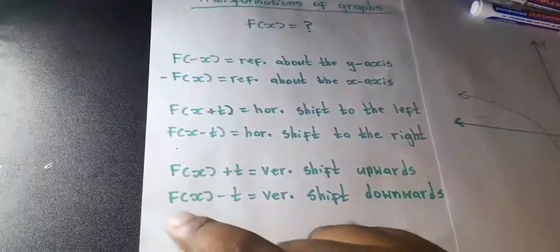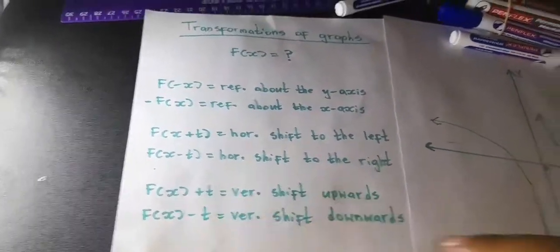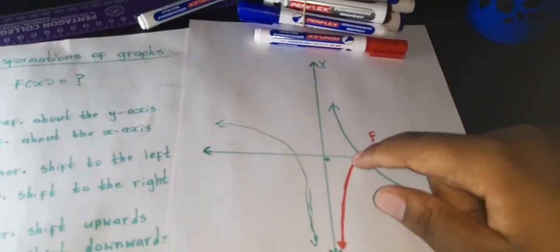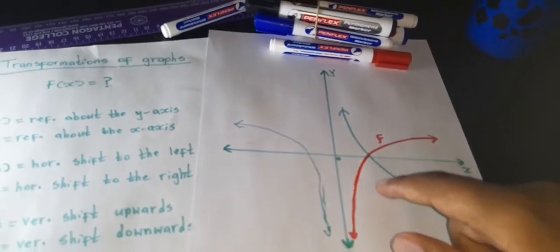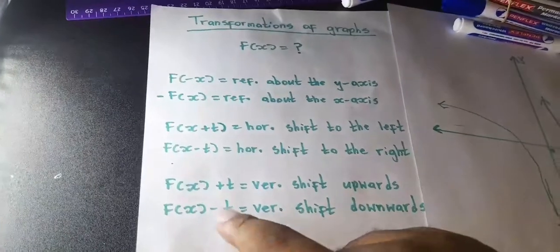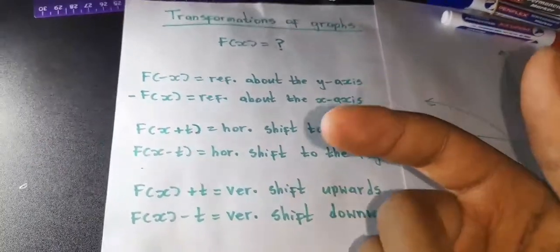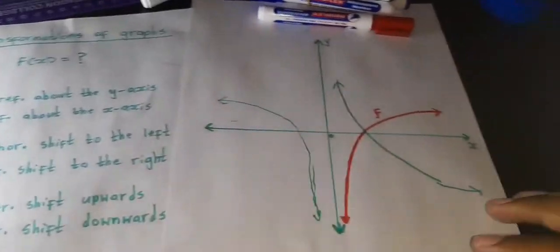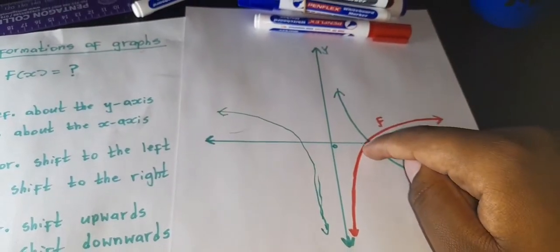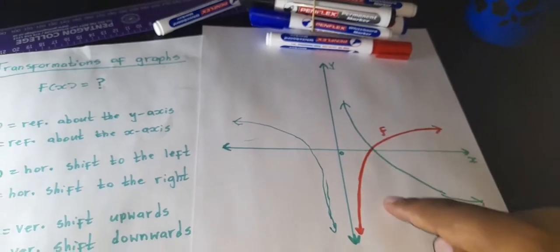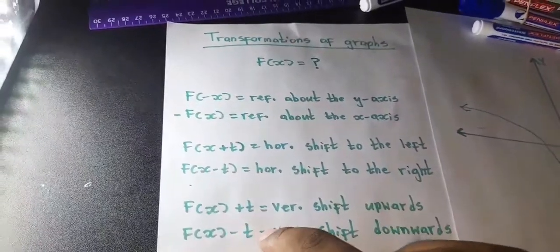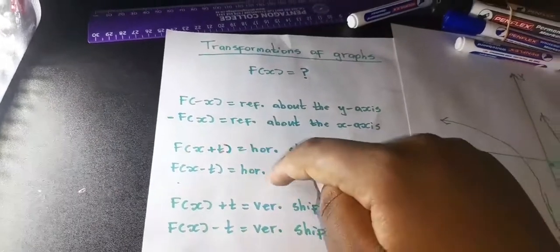And if we have f of x minus t, that means we move this graph 3 units downwards. If t here is, let's say, negative 7, we move this graph 7 units downwards. So this here means vertical shift and this here means horizontal shift.